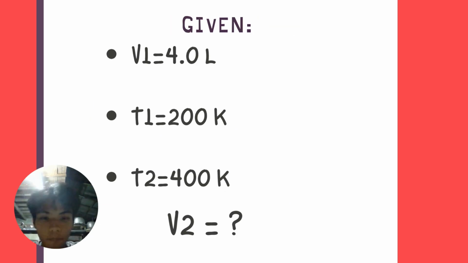Our givens here: V1 equals 4.0 liters, T1 equals 200 Kelvin, and T2, or temperature 2, equals 400 Kelvin. We're going to look for volume 2.